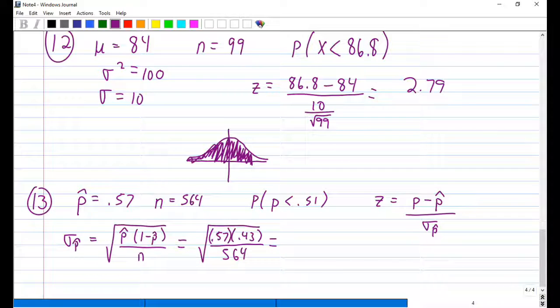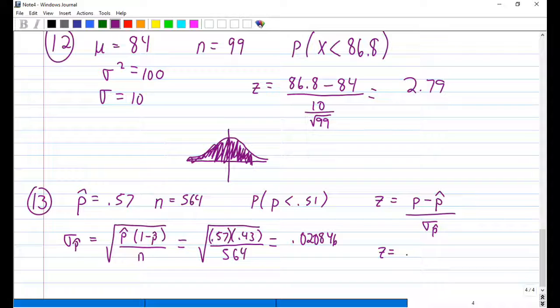Usually as just a safety measure, if you need your final answer in 4 places, put your intermediate values, that's the values we're using to get there, out to maybe 2 or 3 more places. I know 6 places or 7 places is a pain, but I would do that to be safe. Whenever I did that in my calculator, I got 0.020846. So I took it out 6 places. These are the values that I want to plug into my z-score formula.